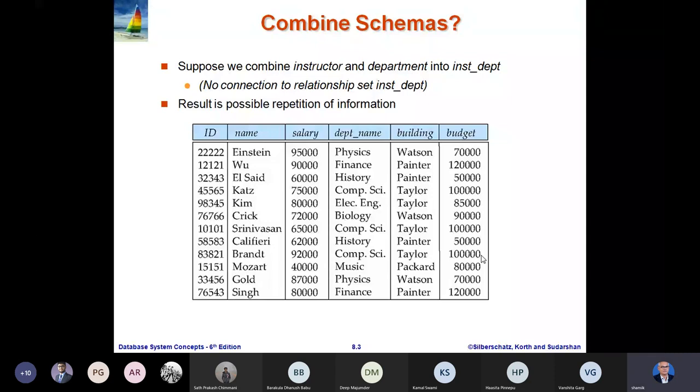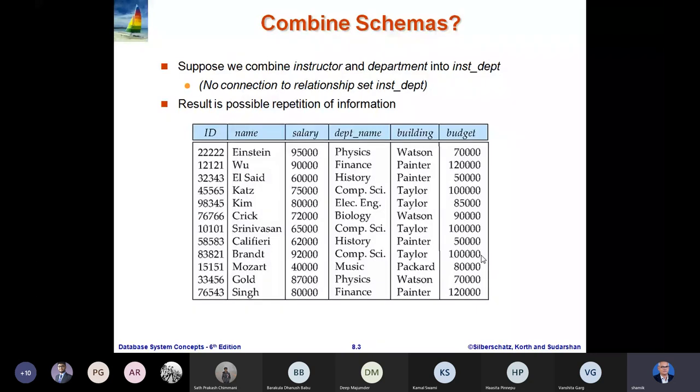Okay. Or for example, if it is the other way, that there is indeed a department and a building and a budget, but we are yet to recruit people, then the information about building and budget for the department will not be representable here, because there is no instructor yet in the department.